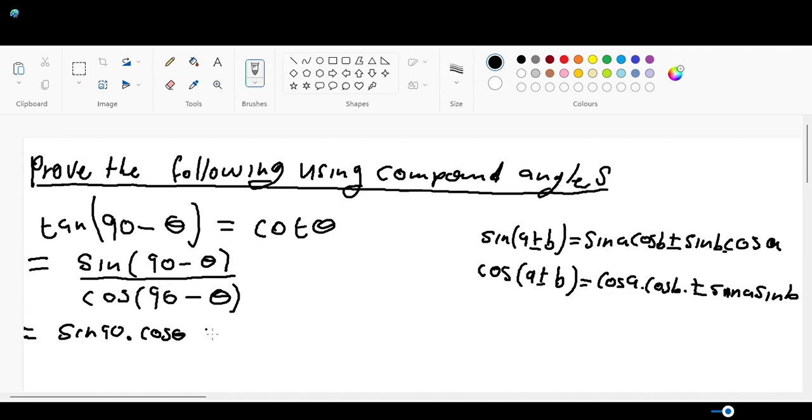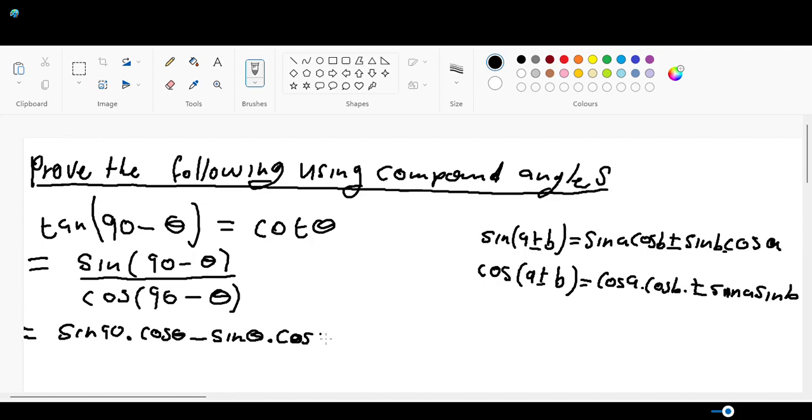Then since we're using sine, again I repeat, the sign is supposed to be negative, so we take the sign from the original ratio, and after that it's going to be sine B. What is our B in this case? It's going to be theta, and then multiply by cos A.